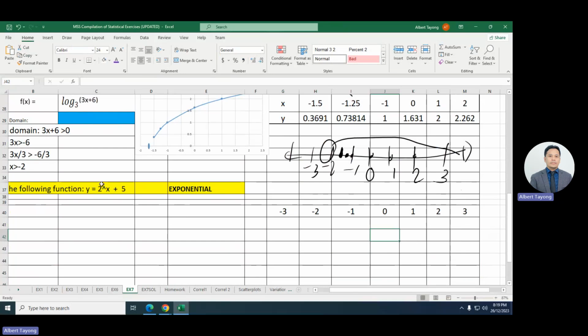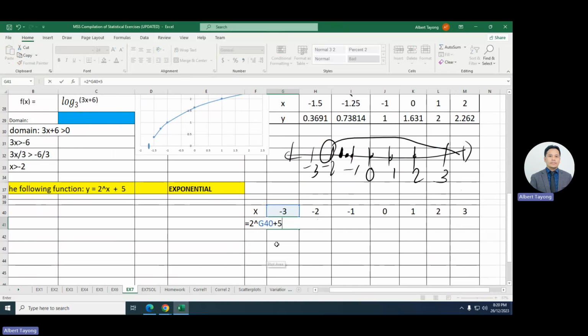Okay, then solve. Y equals 2 raised to the power of x plus 5. So this is your x and this is your y. Okay, so how to find the y? Equals 2 shift 6 plus 5.